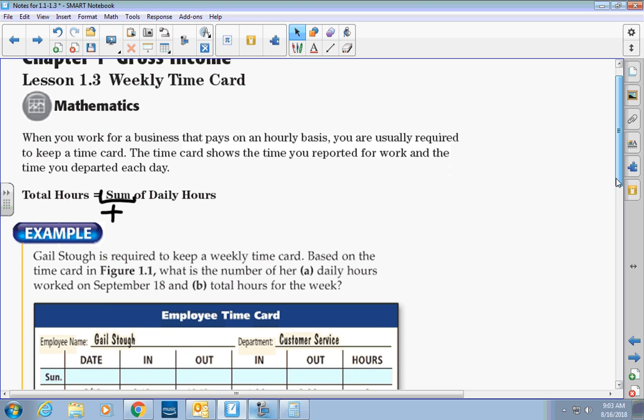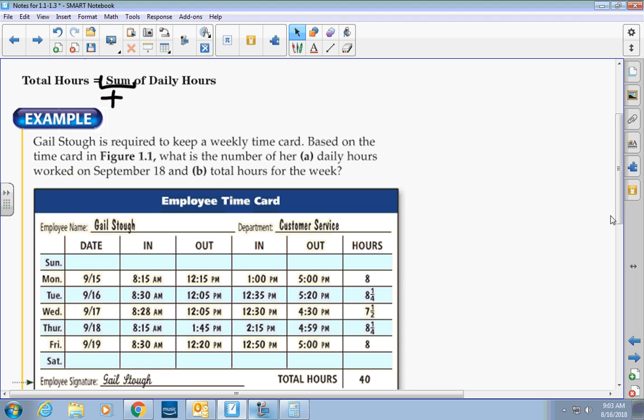So I'm going to give you your tip for today on the problems we're going to face in time cards: you will never round up the amount of hours you work. So if I worked 35 minutes, I'm never going to round that up to 45 minutes.